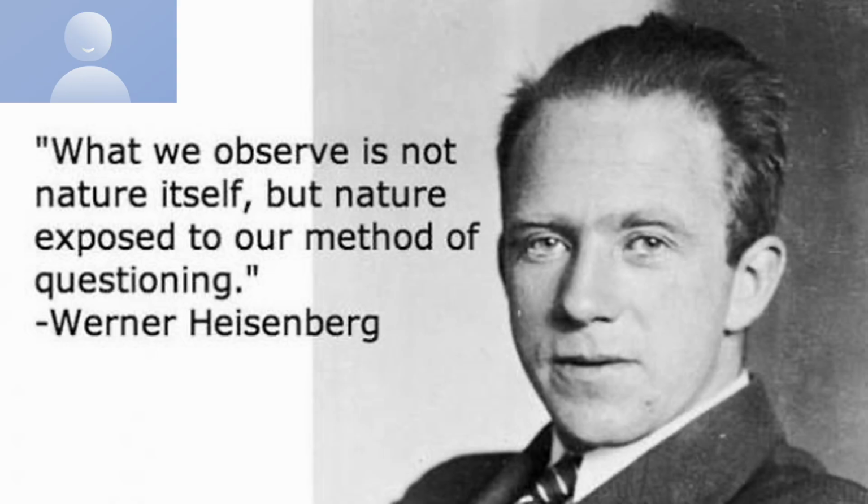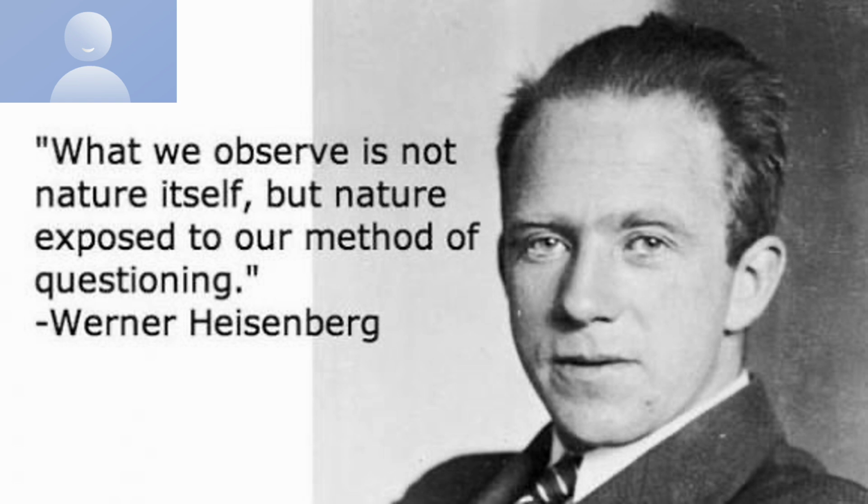So Heisenberg is saying that what we observe is not nature itself, but nature exposed to our method of questioning. What this means is the wave particle duality concept. When you do certain experiments to view electrons as particles, you are going to find it as a particle.